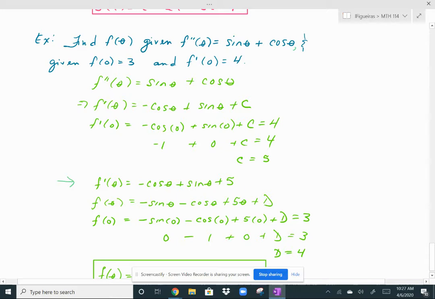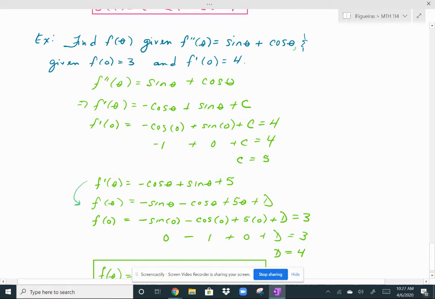All right, so now we have to take the antiderivative of f prime to get f. So the antiderivative of negative cosine is negative sine of theta. The antiderivative of positive sine of theta is minus cosine of theta. The antiderivative of 5 is 5 theta, and then again attach your constant, which we'll call d, since we already used c above.